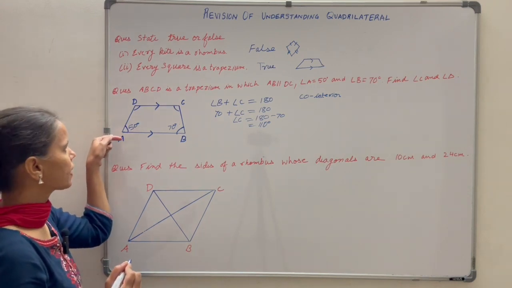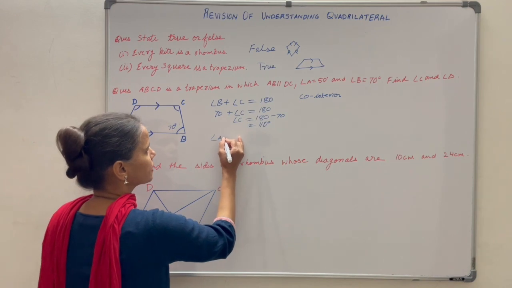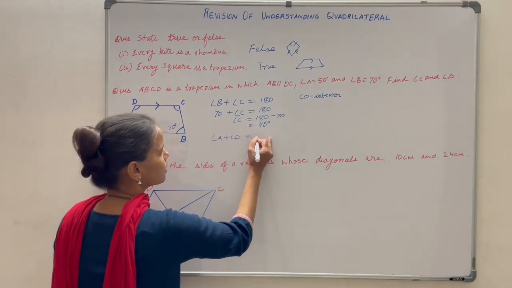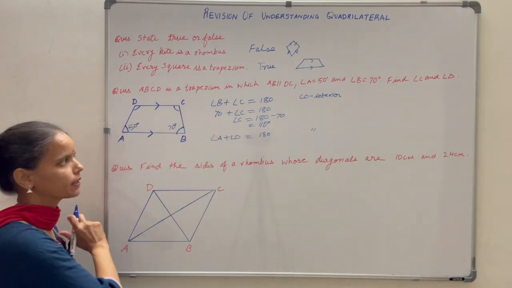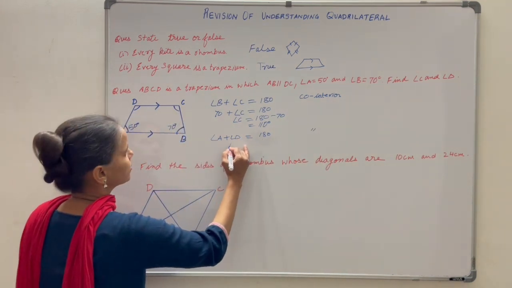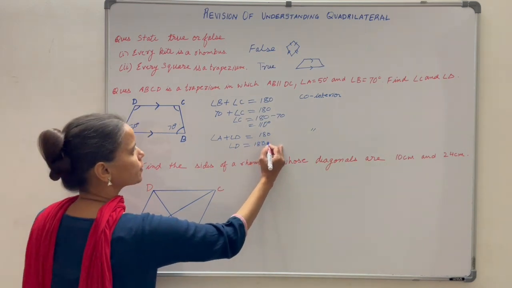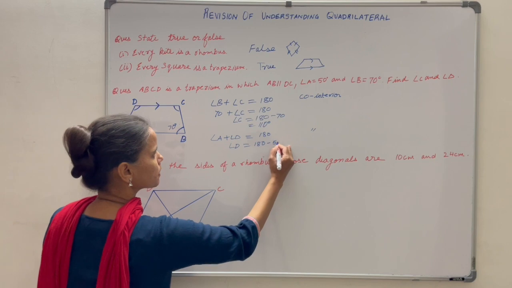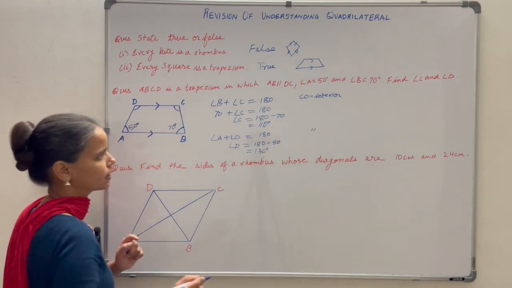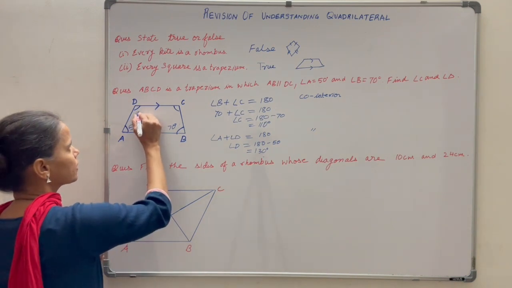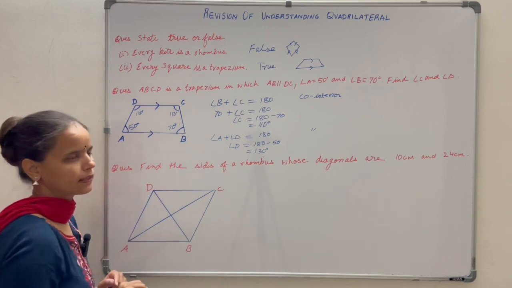Similarly here also, angle A plus angle D is equal to 180 degrees because they are co-interior angles and co-interior angles add up to 180 degrees. So angle D is equal to 180 minus A, A is 50 degrees. So 180 minus 50 is 130 degrees. So this angle you got as 130 degrees and this you got as 110 degrees.